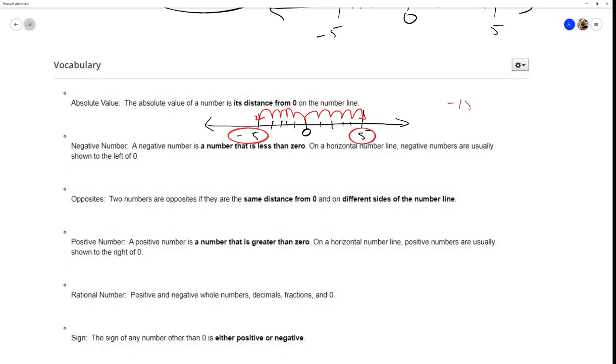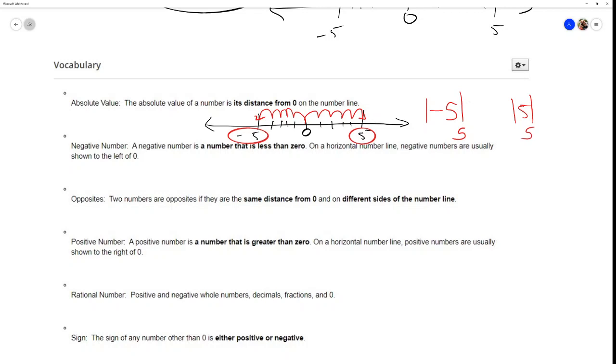So that means negative 5. Let's try it again. The absolute value, I did it twice. One more time. Negative 5, there you go, and 5. So the absolute value of negative 5 is 5, and the absolute value of 5 is 5.